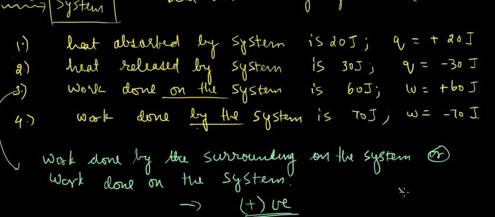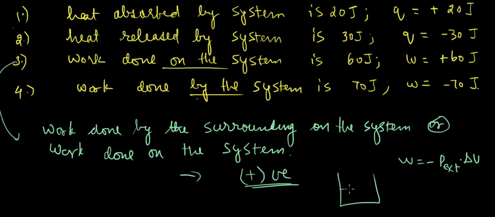Why? If you look at W equals minus P delta V. Work is done on the system, so this was our system and work was done so as to compress it. When we are compressing it, V final would be less than V initial, hence Vf minus Vi would be negative, hence W would be positive.